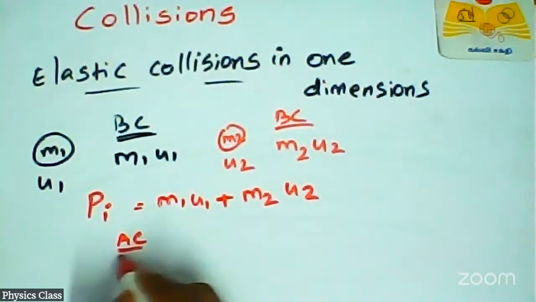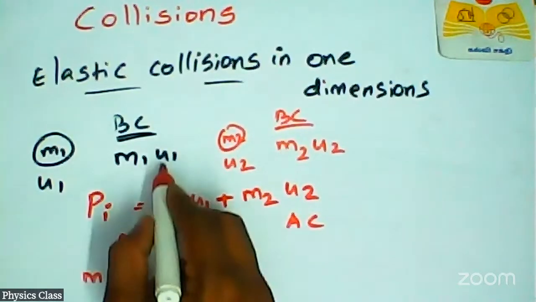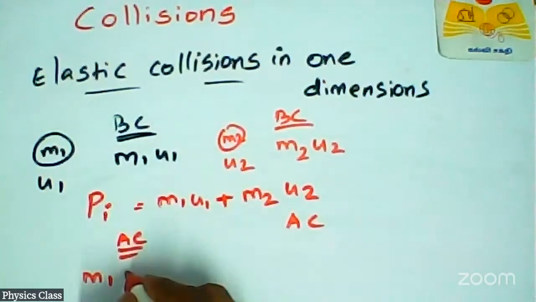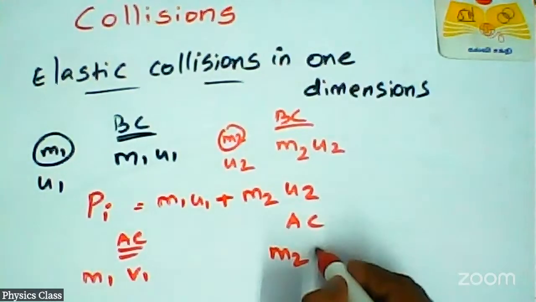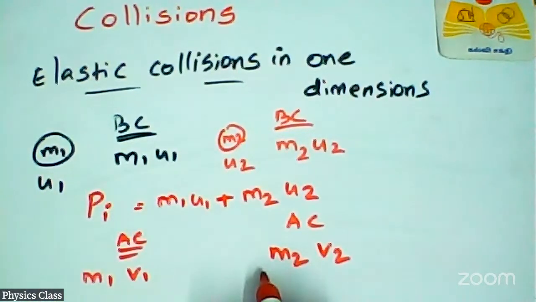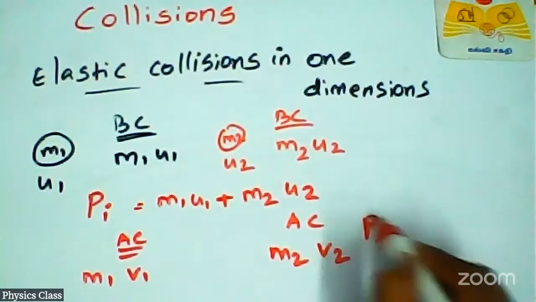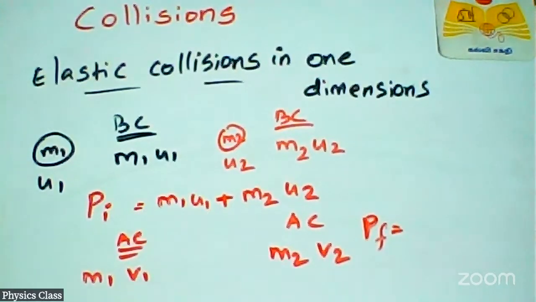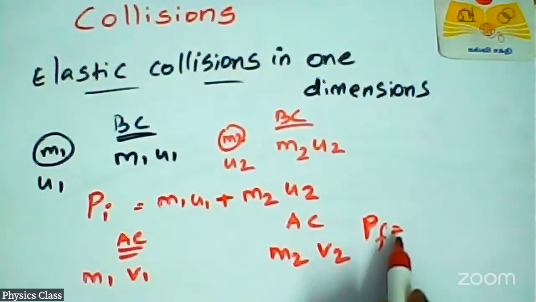After collision, for mass m1, u1 is transformed into v1, and for mass m2, u2 is converted to v2. So after collision, the final momentum, we can label it Pf, because this is the initial momentum and this is the final momentum after collision.